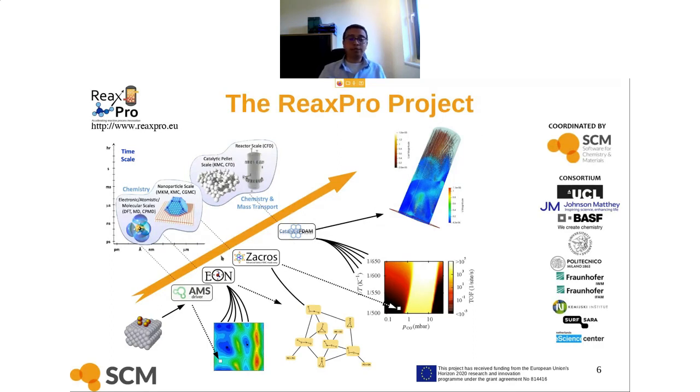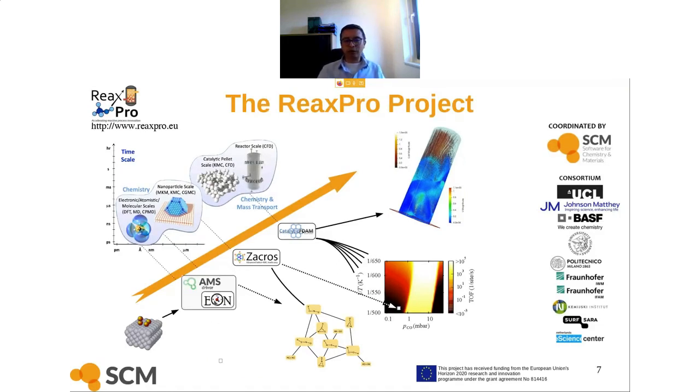I'm going to focus on this part, which is AMS and EON. And actually, since AMS 2021, AMS and EON are fully integrated at the code level. So now EON is inside AMS and it is completely transparent for the AMS user, used as you normally use AMS.